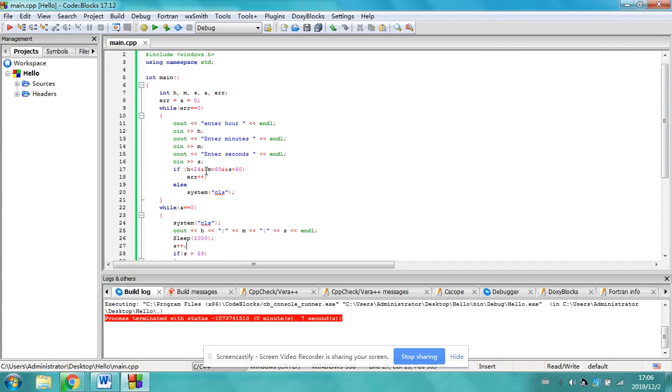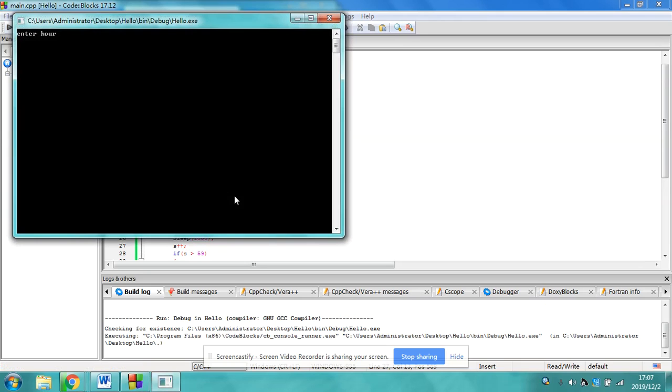Let's keep on going. If H is smaller than 24, M is smaller than 60, and S is smaller than 60, then ERR increases. Otherwise, the system will clear itself. I think I have gone over that somewhere because I know what it is.